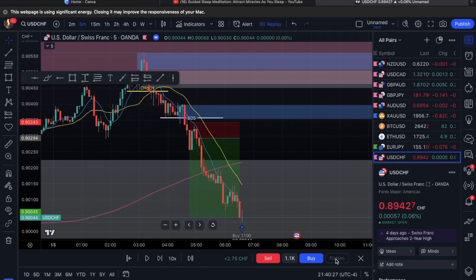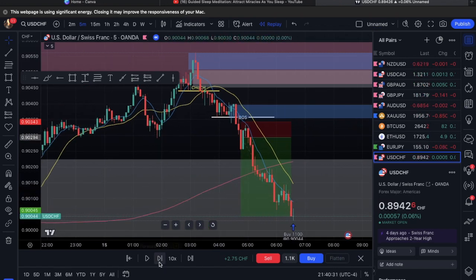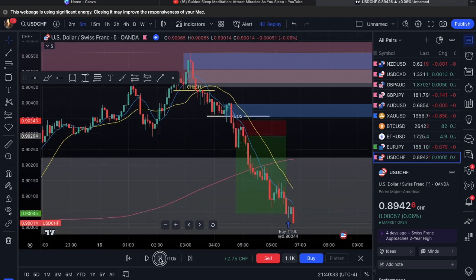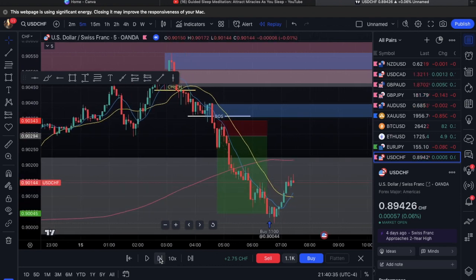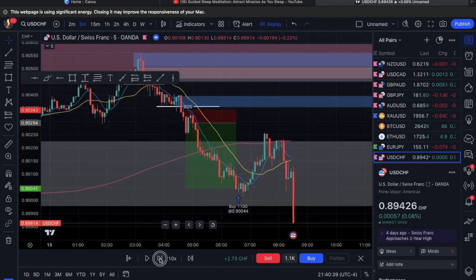And take profit. I do want to see how long it'll take to get to the 1 hour low though.